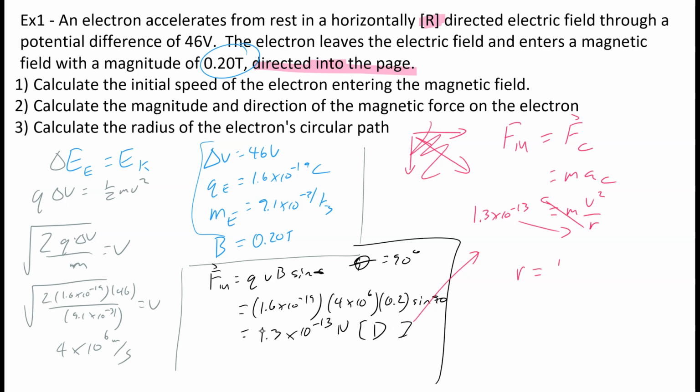So I end up with r equal to mv squared over 1.3 times 10 to the negative 13. When I plug this in, 9.1 times 10 to the negative 31 times 4 times 10 to the 6 squared over 1.3 times 10 to the negative 13, I get 1.12 times 10 to the negative 4 meters.